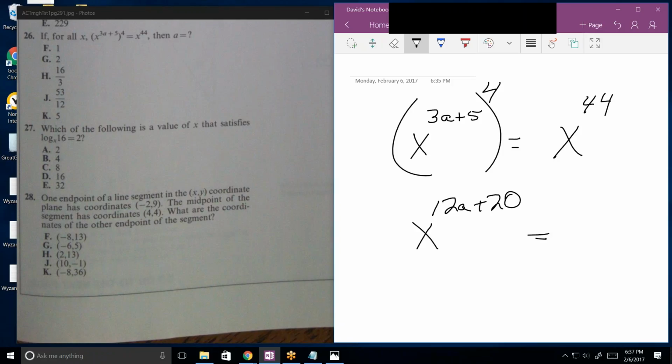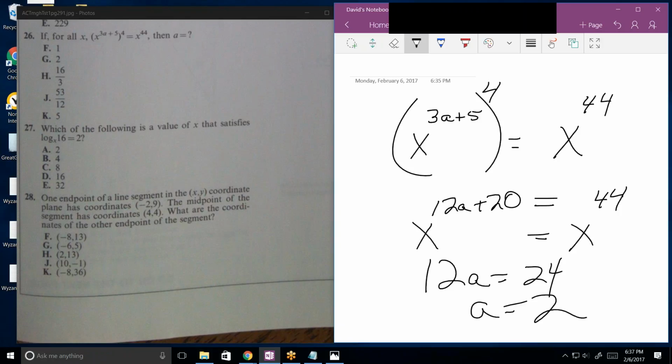If it's the same base to one exponent equals the same base to a different exponent, then you can equate these two exponents. And you get 12a equals 24. So a equals 2.